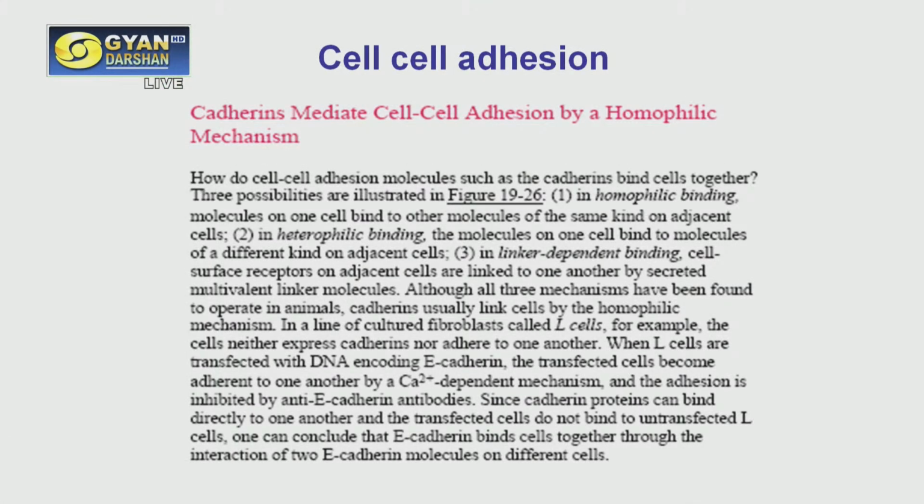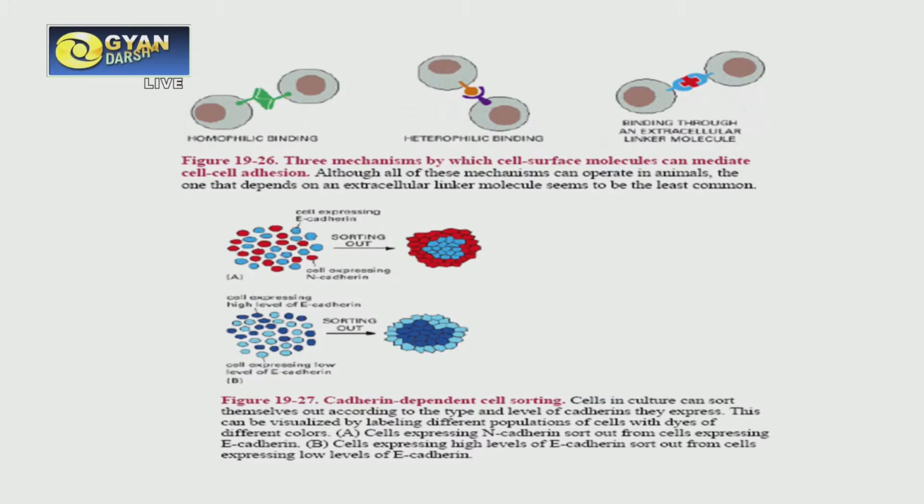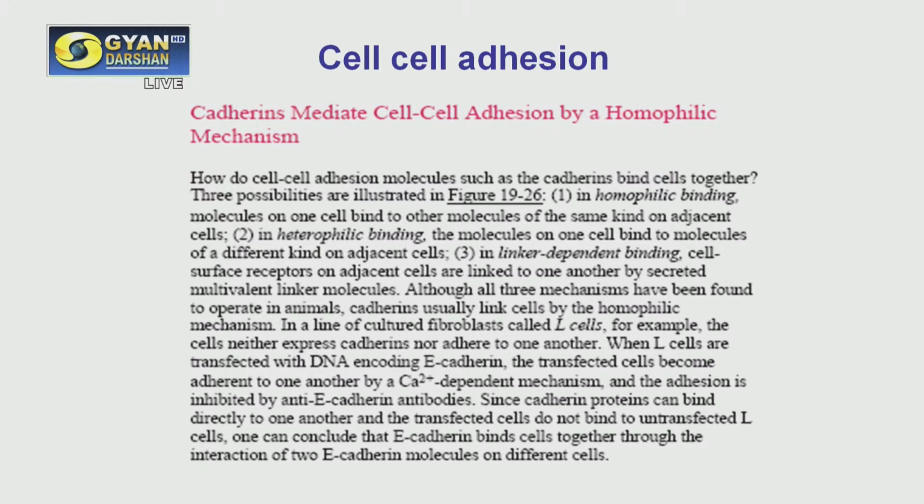So cadherins mediate cell-cell adhesion by a homophilic mechanism. Homophilic binding means that the molecules are of the same kind: molecules on one cell bind to other molecules of the same kind on the adjacent cell.